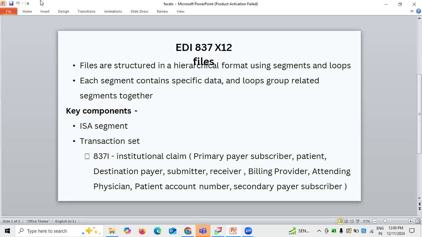Finally, the secondary payer subscriber, where we mention any secondary payer subscriber we have. For example, the wife is a secondary payer subscriber for the individual. We need to mention the subscriber address, followed by the gender, male or female. It may be the wife, or if primary, the secondary may be the husband.